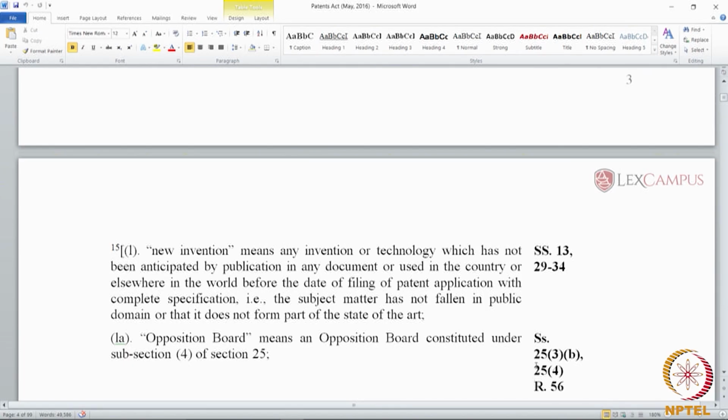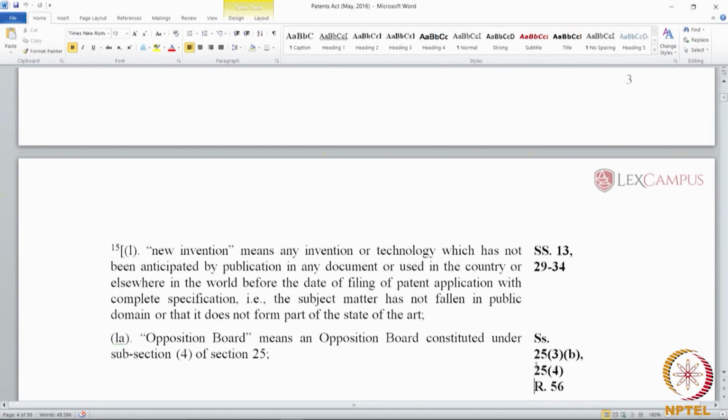Now, but then what is the definition doing there? We understand this definition of new invention as something which describes the concept of novelty, and when we are covering novelty we will cover this definition, but new invention is not used anywhere in the Act, though it is defined as a term.